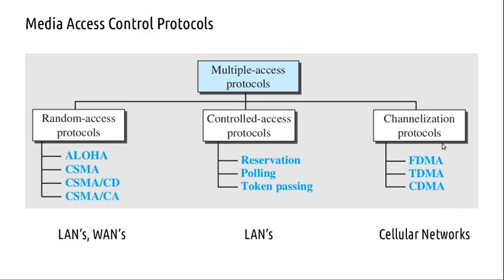Then there is the channelization protocol: frequency division multiple access, time division multiple access, and code division multiple access. You find these in cellular networks. I will leave a slide about these things later on. I think I've shared a portion of the slides related to multiplexing, which I mentioned is an extra topic.